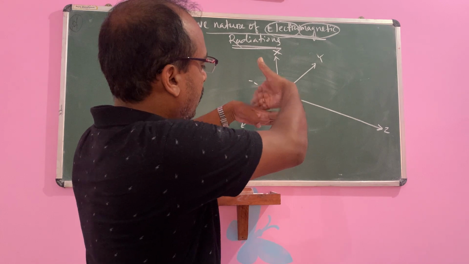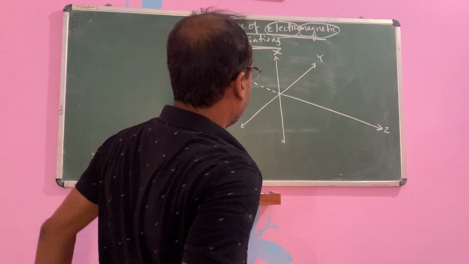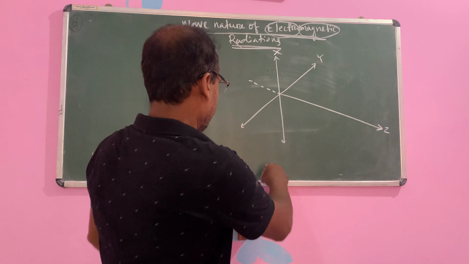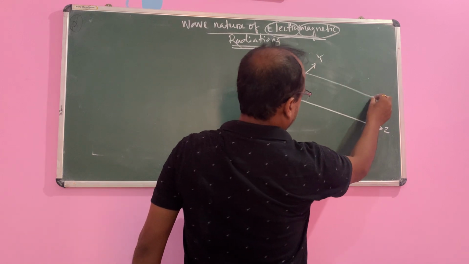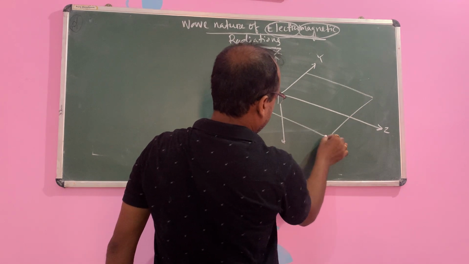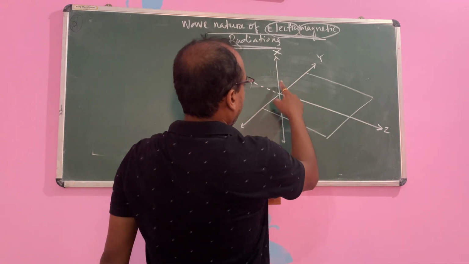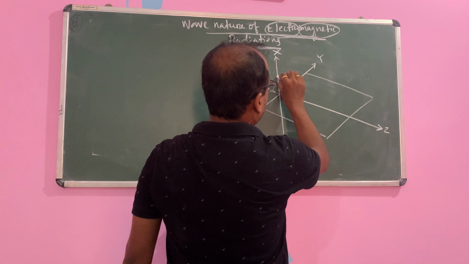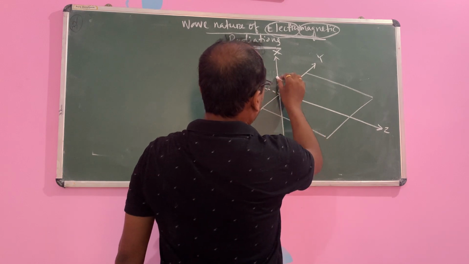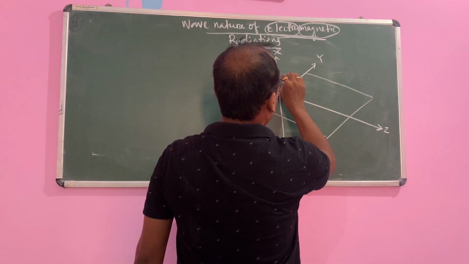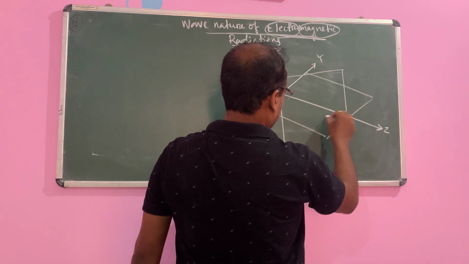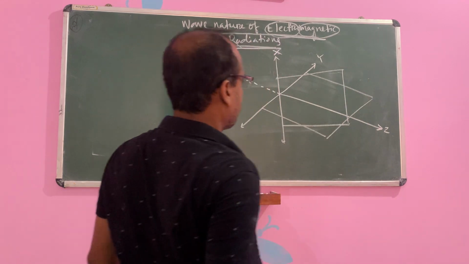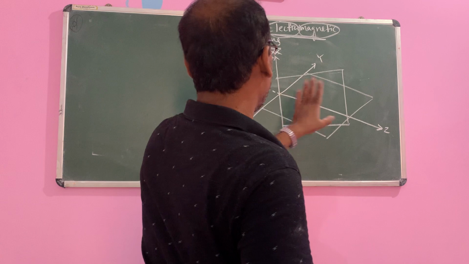These are two planes. Children, this is one plane. You see, this is one plane, and again this is one plane.